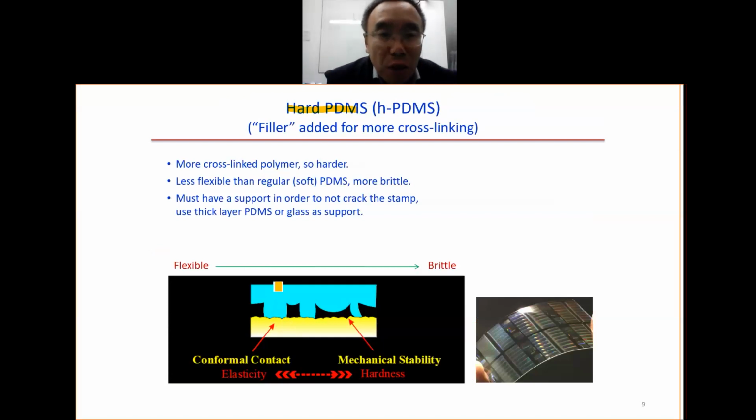But then there is a trade-off. If we have soft PDMS, it has conformal contact and is flexible, but it's not good for high resolution. When you have hard PDMS, you do not have conformal contact, and it is brittle. It's no longer flexible. So there is a trade-off between hard and soft PDMS.